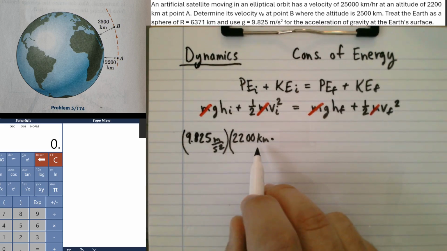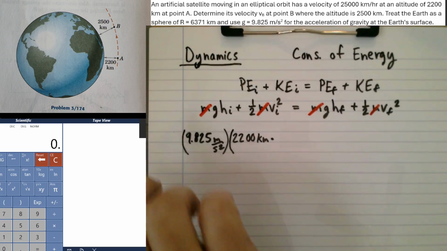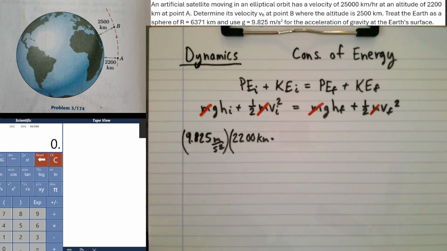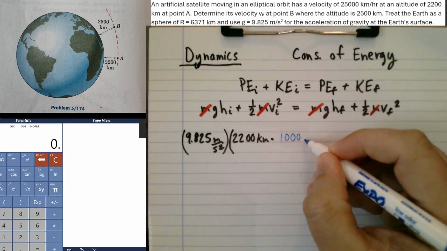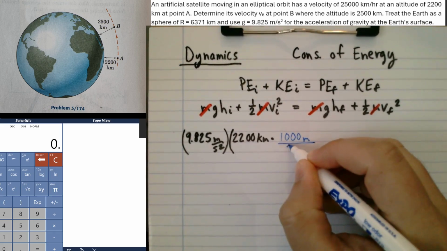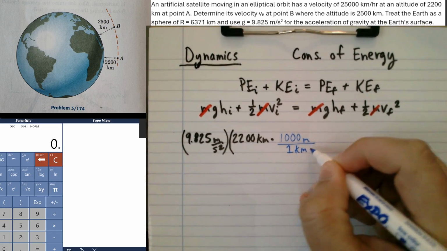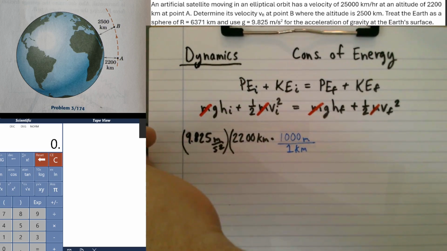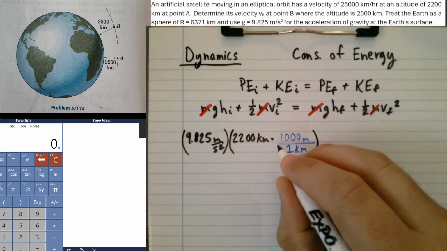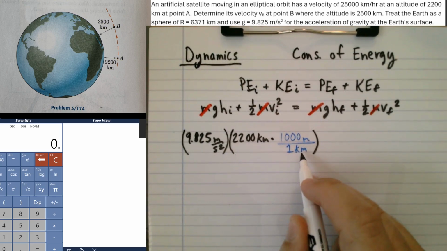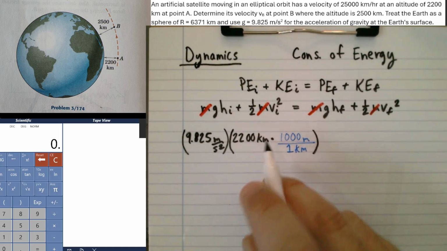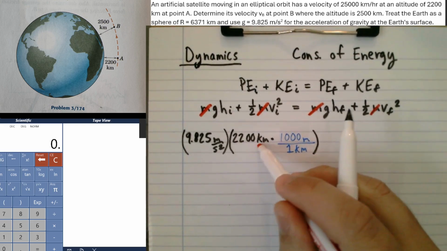So we need to make these the same units. So you need to multiply by 1,000 meters and divide by 1 kilometer. This conversion factor will get us our units in meters squared over second squared. Kilometer per kilometer here will cancel out, as we see here.